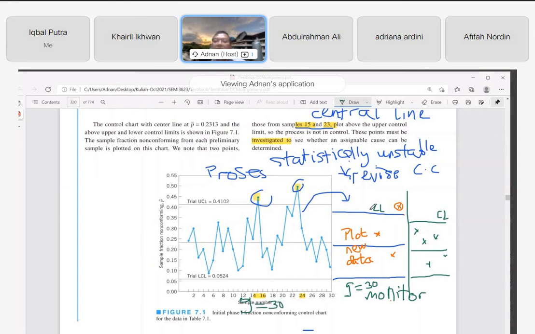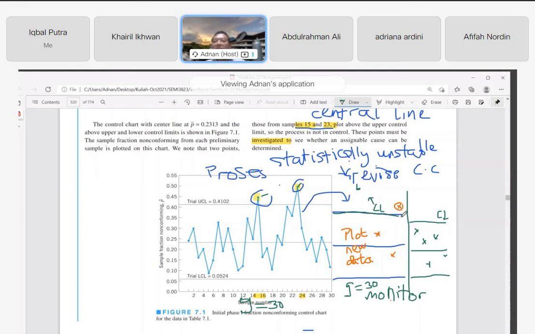But this control limit is based on 28 because 2 points were outside. Understand? The control limit that you prepare here comes from 28.